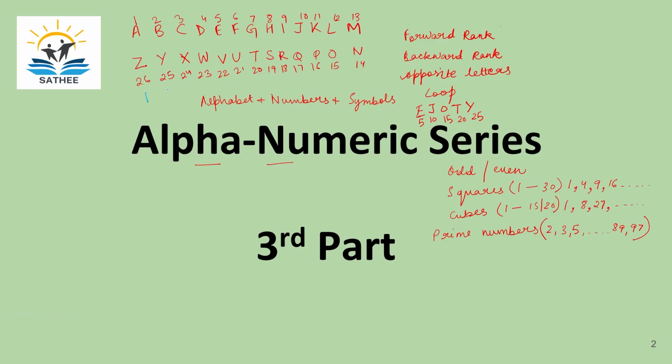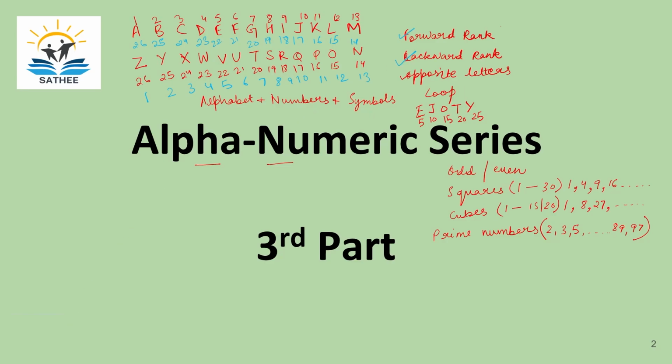So Z will be equal to 1, Y will be equal to 2, and so on, 10, 11, 12, 13, then here 14, 15, 16, 17, 18, 19, and so on, till A is denoted as 26. Then I told you that the summation of forward rank and backward rank is always 27. Right? So this was forward rank and backward rank.